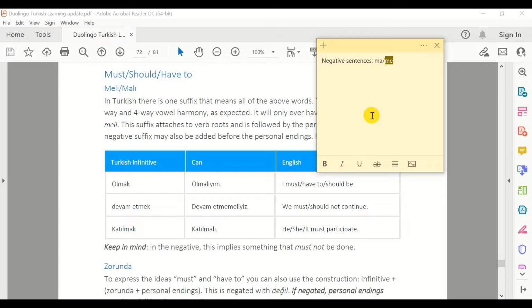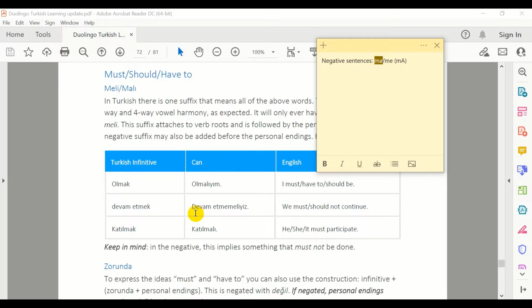It has two forms, two-way vowel harmony. So you might see this structure in some boxes, so you should know them. It means whenever you want to change a positive sentence to a negative sentence in Turkish language, you can use this suffix. It's a general rule.